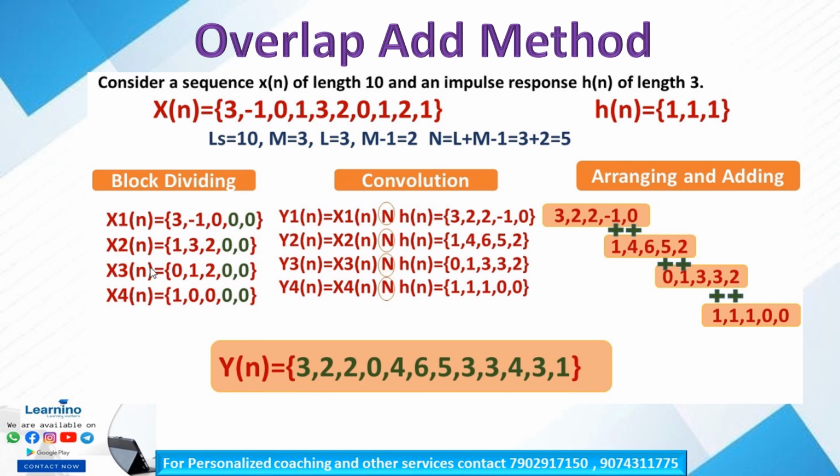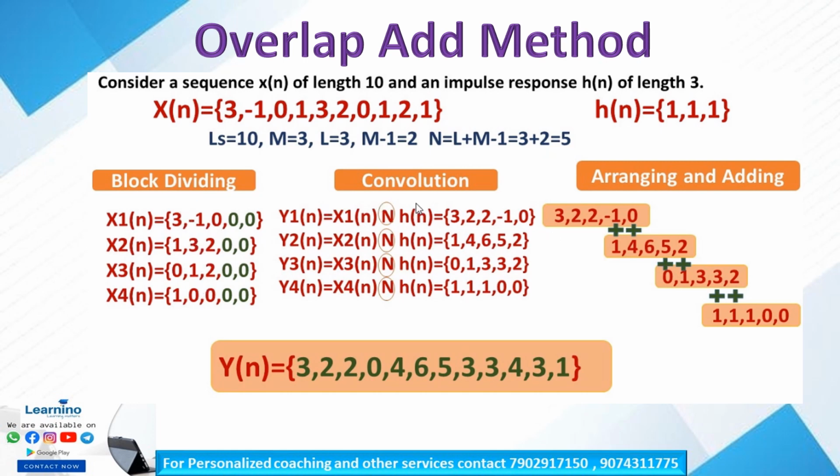Then x3 of n is equal to the next 3 points, that is 0, 1 and 2, then append 2 zeros. Then x4 of n is equal to the last one, that is 1, then we append M minus 1 zeros, which makes 0 and 0. So that's the block dividing procedure.